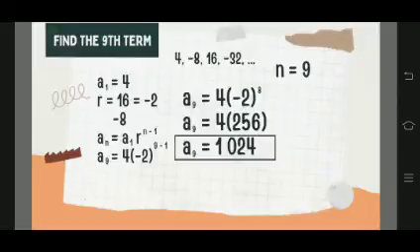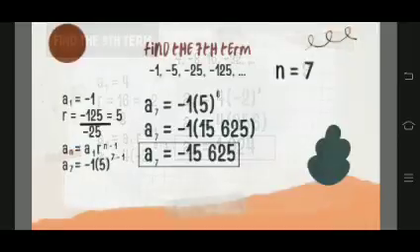Since it is negative 2 raised to 8, an even power, it's going to be positive, and it equals 256. Multiply 256 by 4, and we have a sub 9 equals 1024. Our final answer is the ninth term equals 1024.